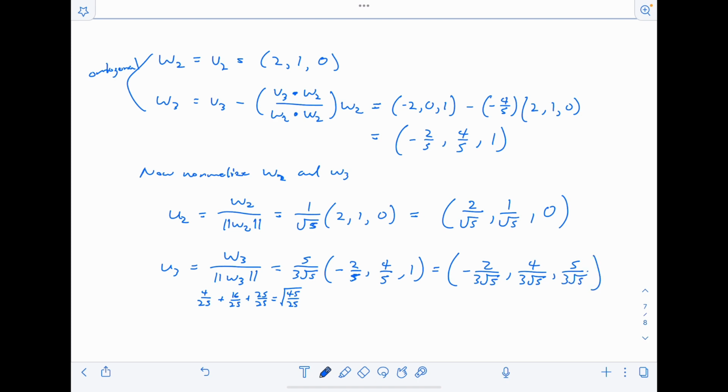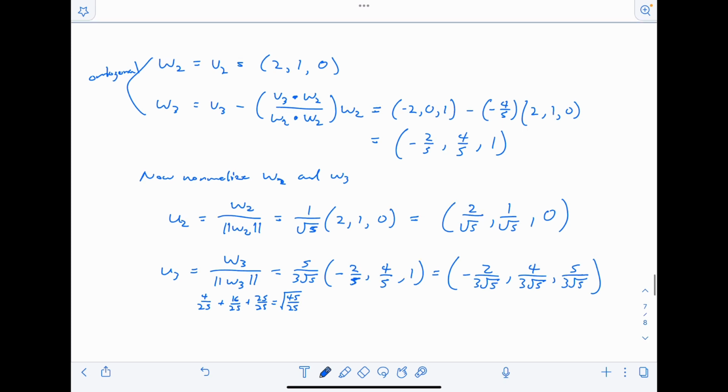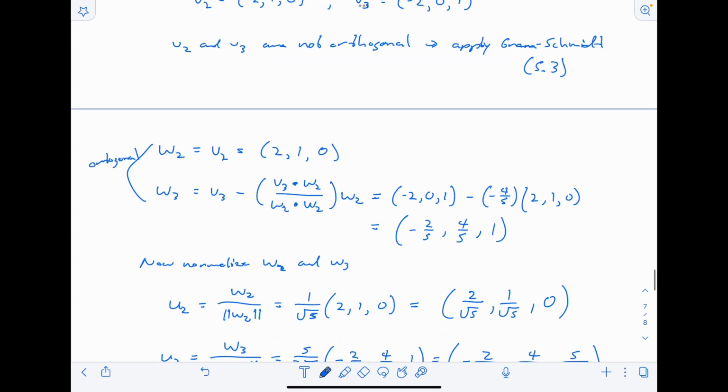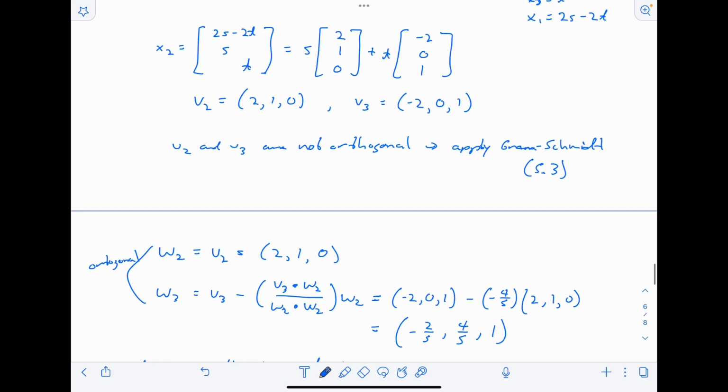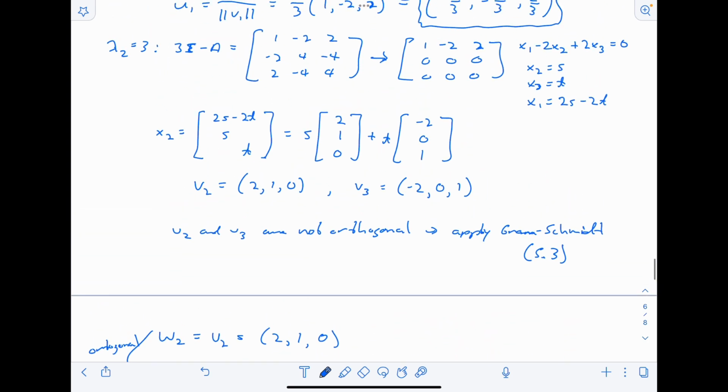Okay, so let's pause and go back. What did we do here again? We found the two eigenvectors for lambda 2, which was 3. But these vectors v1 and v2 are not part of the orthonormal set.